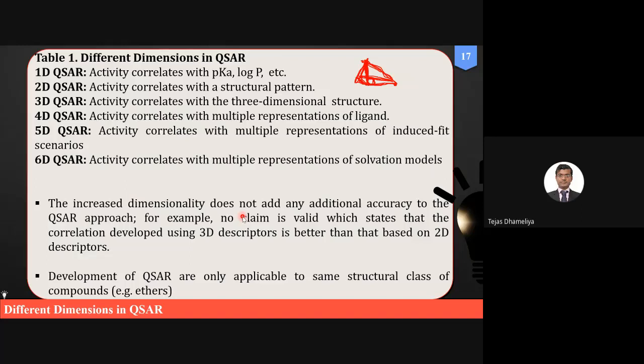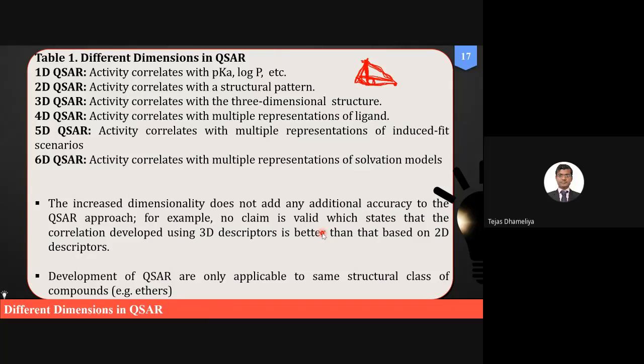As I have mentioned in this sentence, no claim is valid to state whether a correlation developed by the descriptors pattern is better. 1D QSAR अपनी जगह पे सही है, 2D QSAR अपनी जगह पे सही है, or 6D QSAR is also right at its own merit.